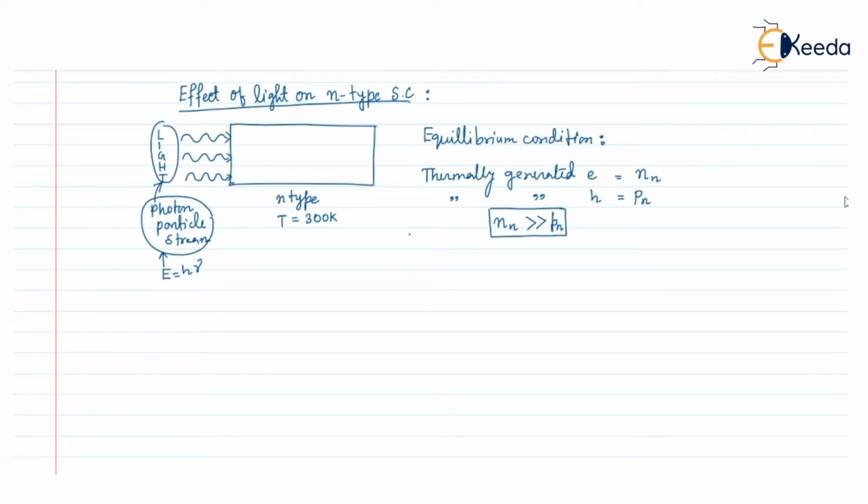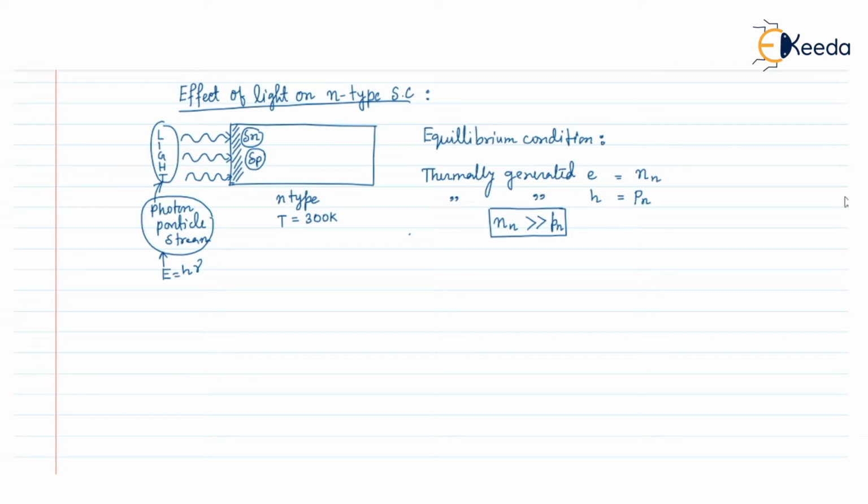Due to these photon particles, some covalent bonds will be broken at this part of the semiconductor. So some excess electrons and holes will be generated. Let us assume that del n is the excess amount of electrons generated inside this N-type, and del p is the excess amount of holes generated.